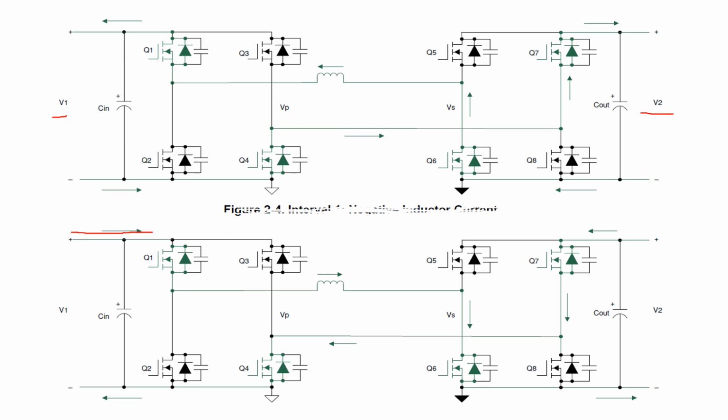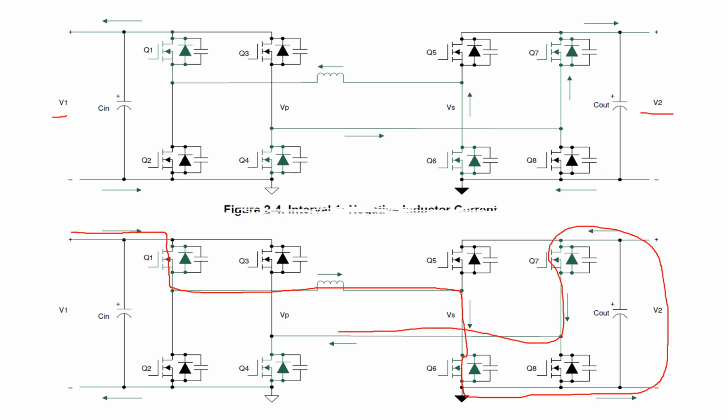It comes through Q1, which is switch number 1. It goes this way through the inductor, all the way to the secondary side, and then comes down to Q6. It goes to V2, and from V2 it comes to Q7, and then goes back this way.